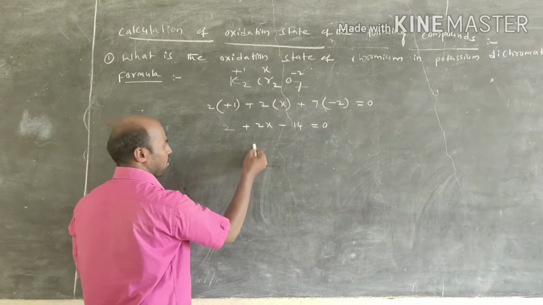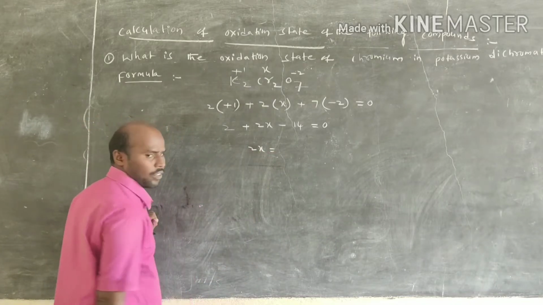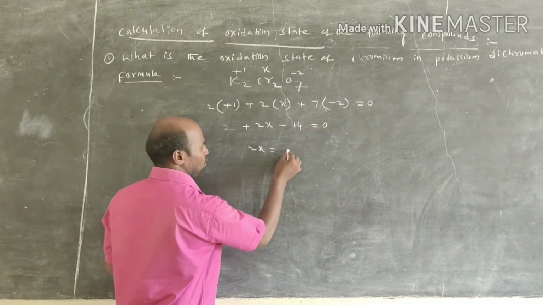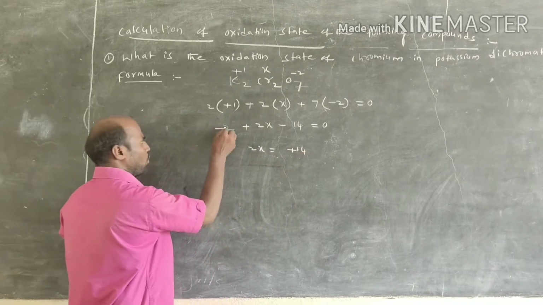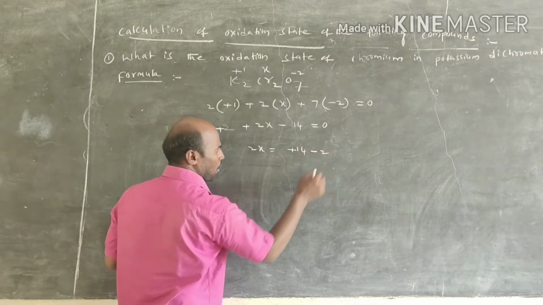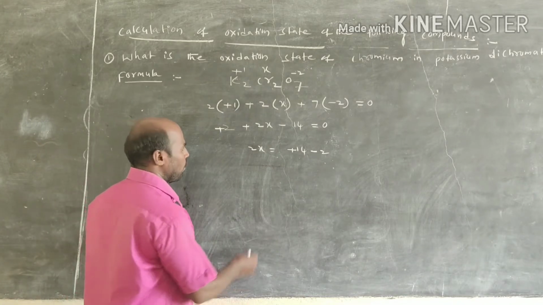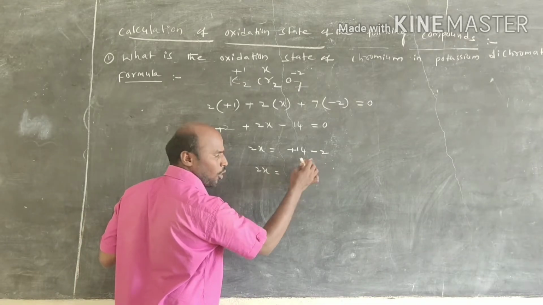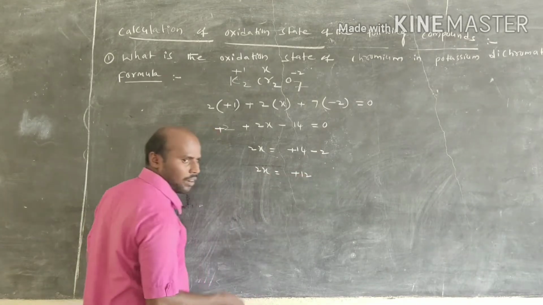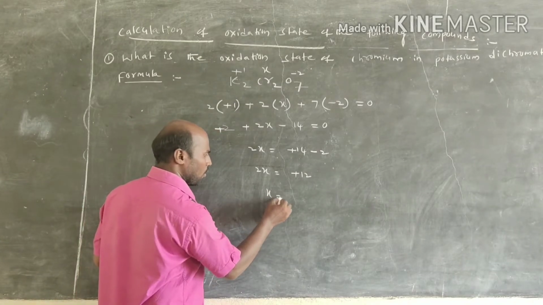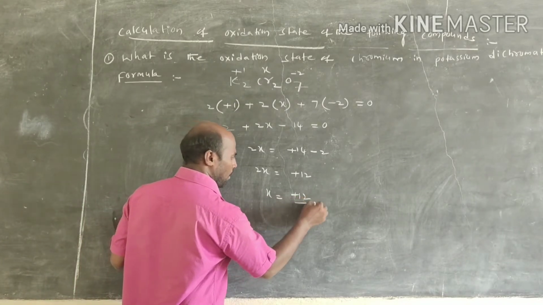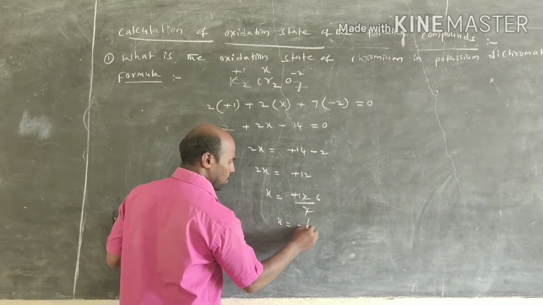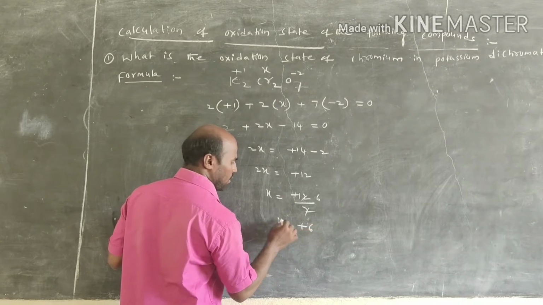Now we can find x. 2x is equal to +14 -2, how much? +12. So x is equal to 12 by 2. So x is +6.